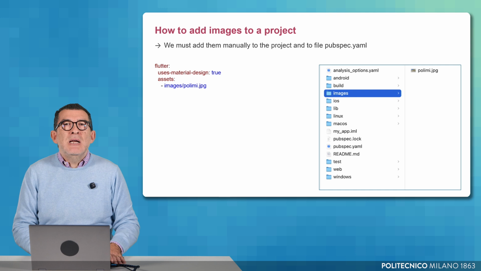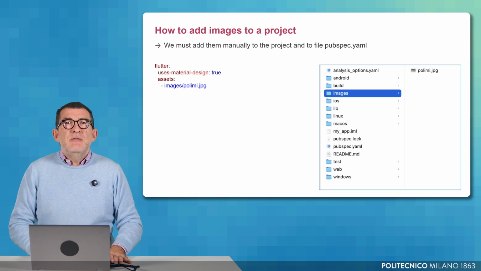You need to uncomment it and list each file or folder you want your app to use. Simply adding a file like polimi.jpg to the images folder isn't enough. You must explicitly declare it in pubspec.yaml for the app to load it correctly.